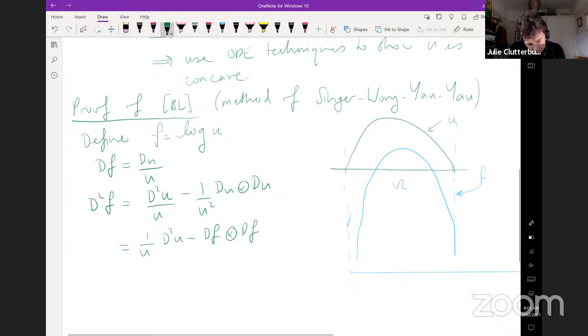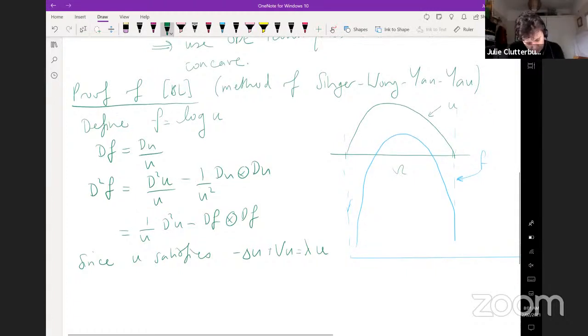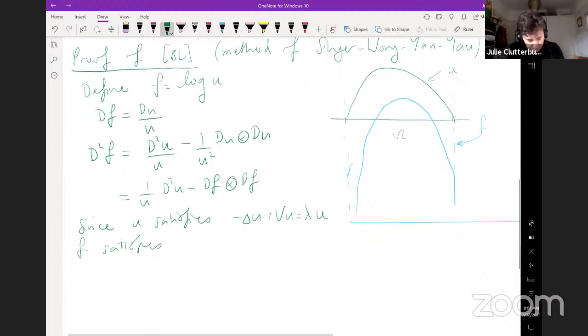And so since u satisfies the eigenvalue equation, f will satisfy something that looks pretty similar. Laplacian of f is equal to lambda minus v plus |df| squared.